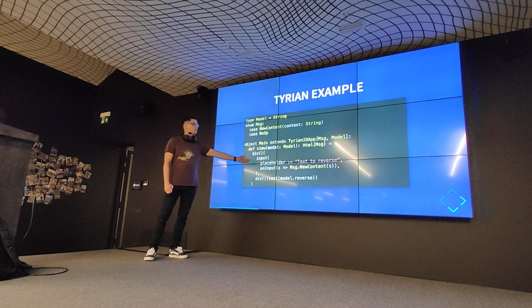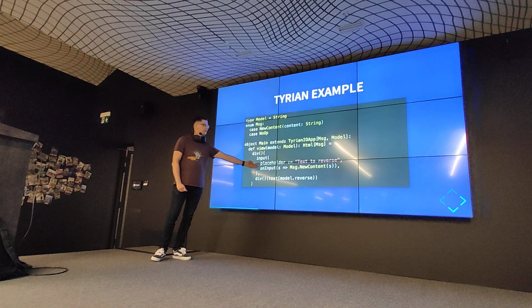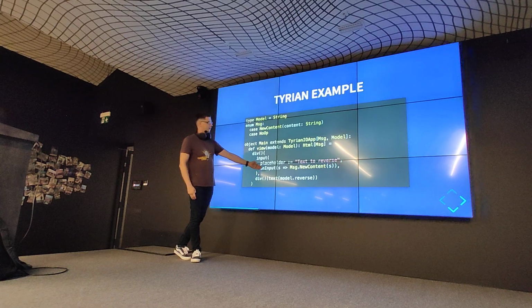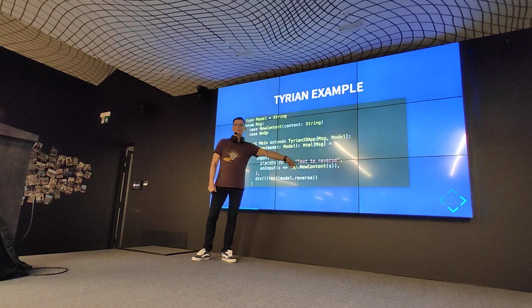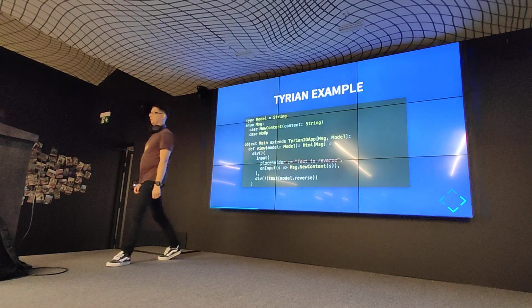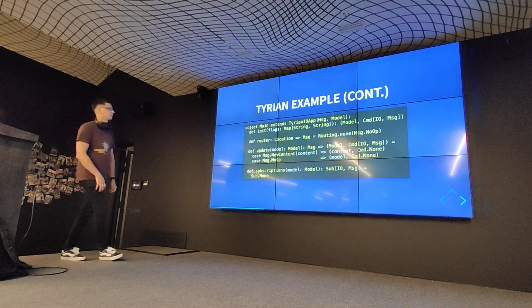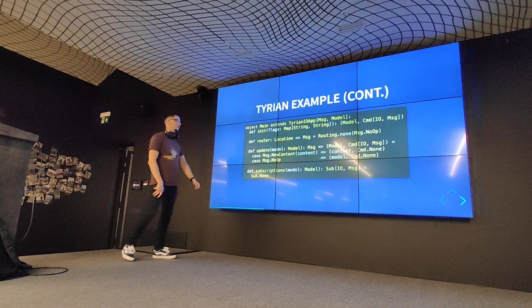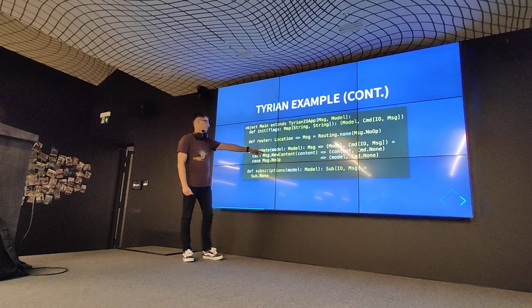And then you have a view which will create the virtual DOM here. And when you change something, you say, okay, on this event, there's going to be a new message that will say, here's the new content. And what happens is Tyrian will dispatch that into this update function, and it will say, here's the model, right?